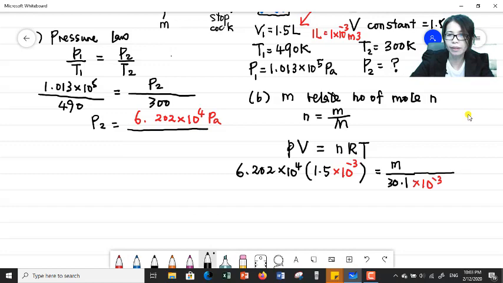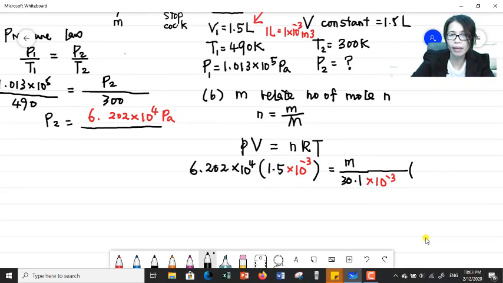Then we have the molar gas constant, 8.31. Then the final temperature is 300 Kelvin.